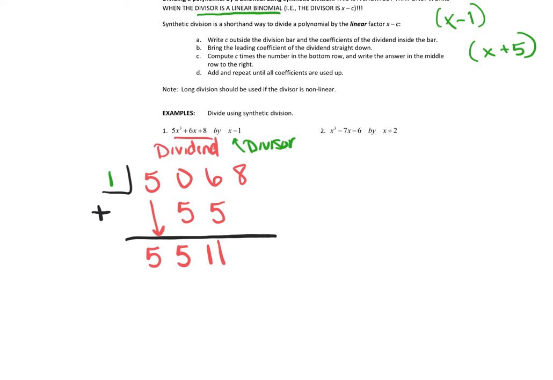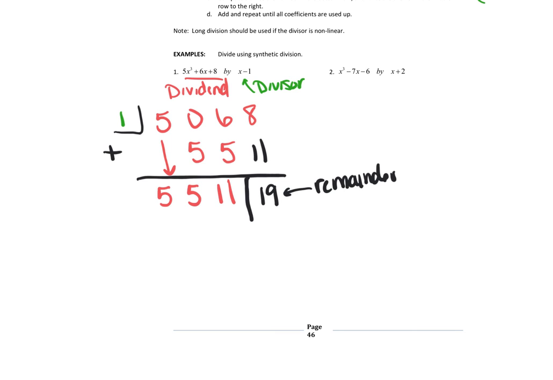Then whatever your last number is, we call it the remainder. So we'll go 1 times 11, because it's below the line, is 11. And we're going to add 8 plus 11, and that's 19. This right here is the remainder. Now, to write the quotient, you always write it 1 degree less than where you started.